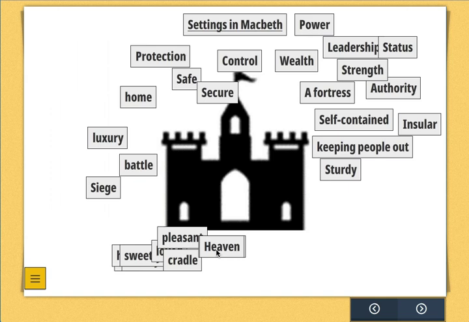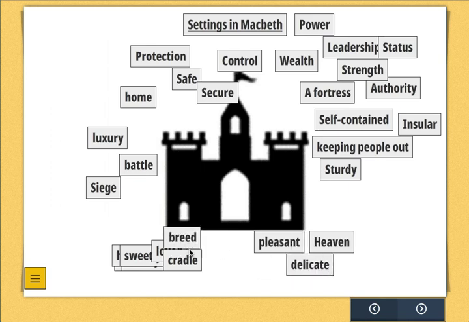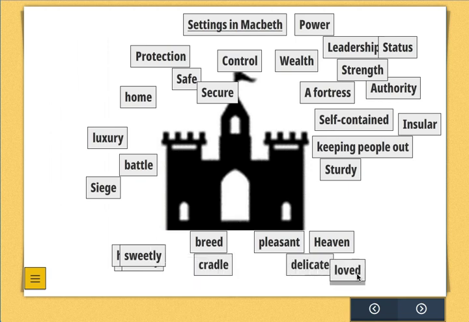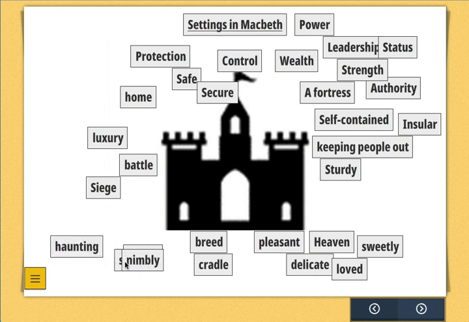And this relates to the third slide on the PowerPoint that you were looking at, where you were looking at what Duncan says as he arrives at Macbeth's castle, and then you were looking at some of the words that Banquo and Duncan use to talk about the castle. So let's just strand these ones out a little bit and have a look, and you can see immediately that we've got words that are very positive, aren't they, in their connotations. I'm going to put those ones over there.